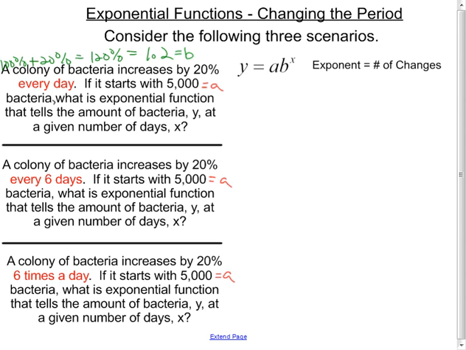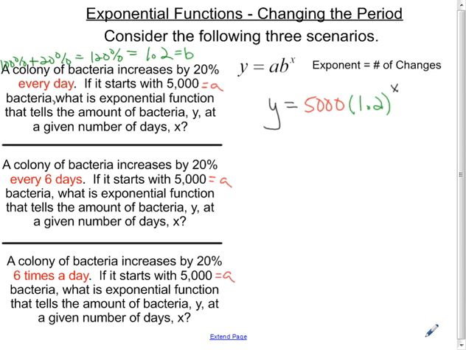Well, this is important, because here when we say x is the given number of days, we have to make sure that we're putting in a number of days, but it's translating to a number of changes. Well, it's very easy because, like I said, it's 1 change per day. It's very straightforward. So we will write y equals a, which in this case was 5,000, times the multiplier of 1.2 to get a 20% increase, and then the exponent is just going to be x.